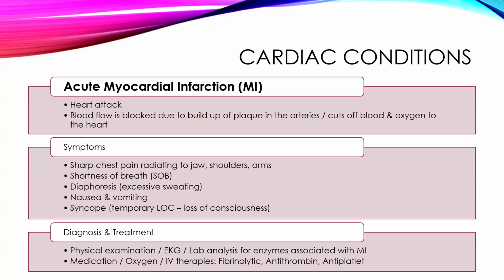Diagnosis and treatment is similar to what we just talked about. They might also do a lab analysis for enzymes. And then in the case of an MI, they're going to want to treat pretty immediately with medication, with oxygen, with different IV therapies or IV drugs to help manage pain. That decreases the workload and oxygen demands of the heart.